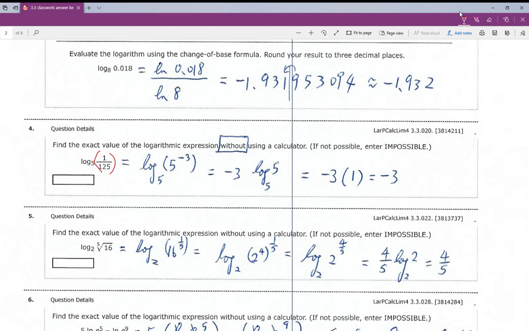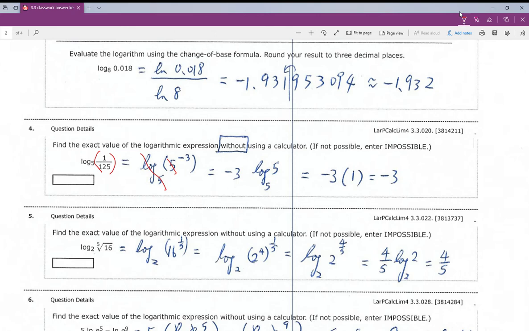And because this is on the denominator, the exponent will be negative. So 5 cubed supposed to be 125. Now you have negative 3 degree. And when you have the same base for the inverse functions of each other, then you may cancel out to become negative 3.